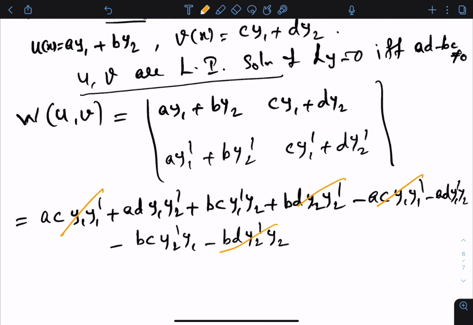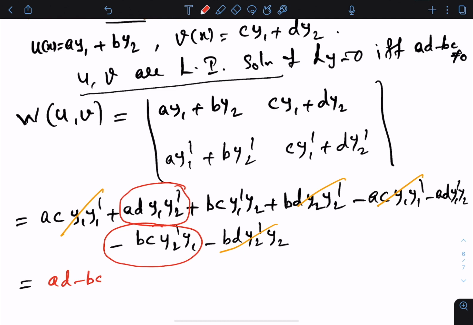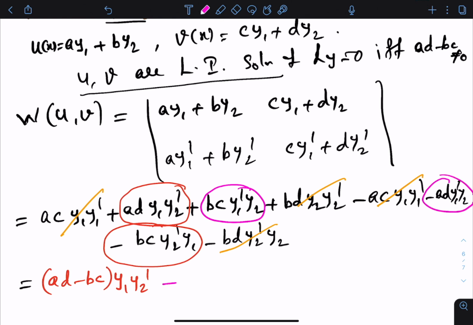And what remains is the remaining stuff. If I combine these, what I get is AD minus BC Y1 Y2 prime, and then if I combine these two with a minus sign, then what we get is AD minus BC Y2 Y1 prime.